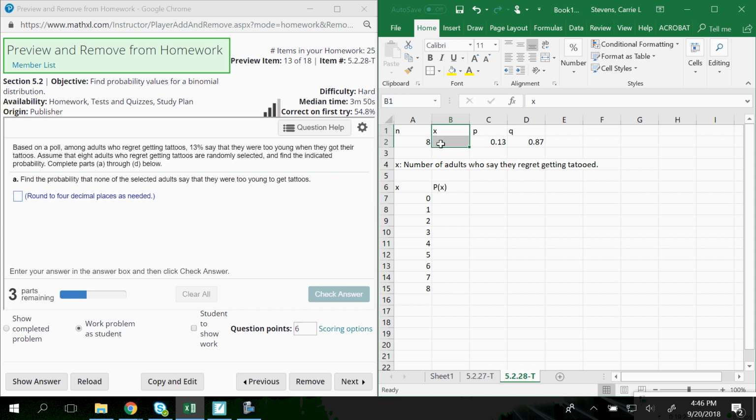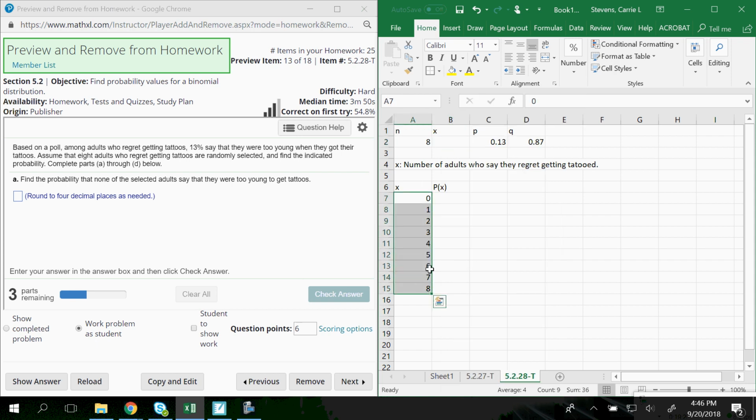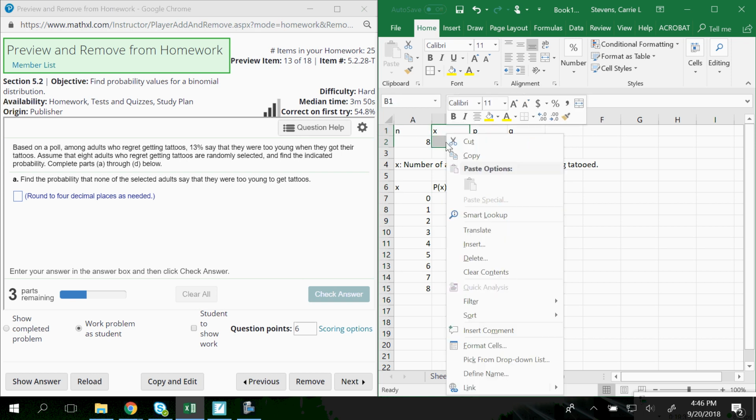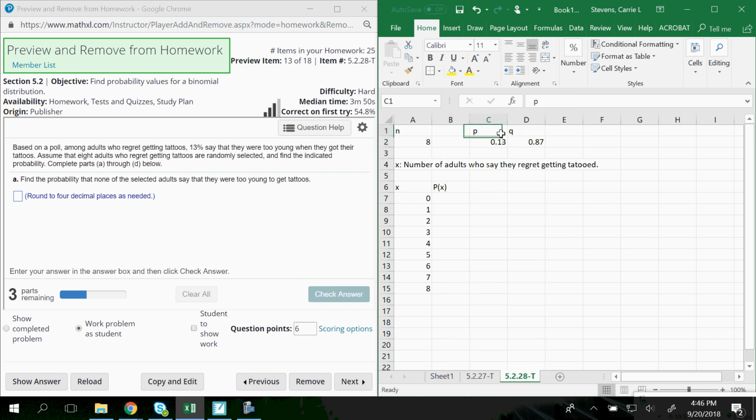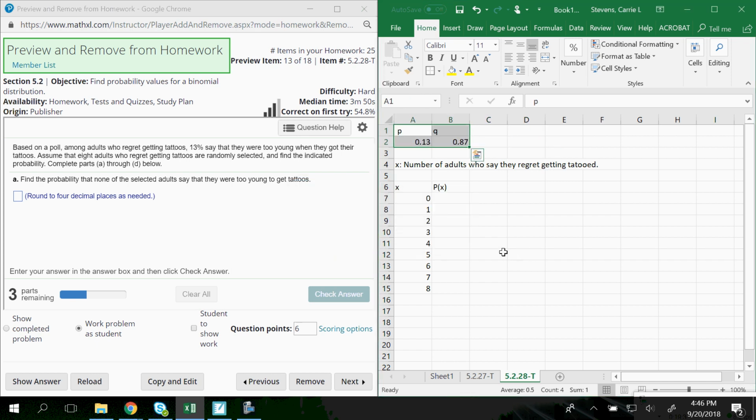I don't really need X to be here because I've got all my x's down here, so I'm going to remove that. Okay. And then since this is binomial, I can do binom.